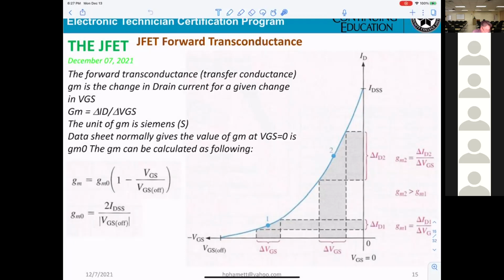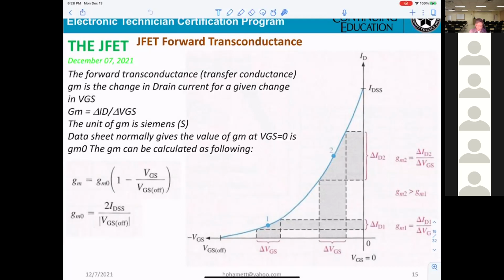Or GM0 you can calculate by the formula 2 times IDSS divided by the absolute value of VGS off. That means they don't want negative. GM0 is just a number, so you don't divide by a negative. They want the absolute value.